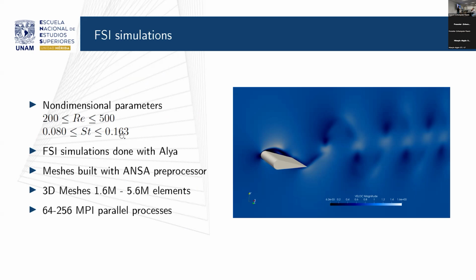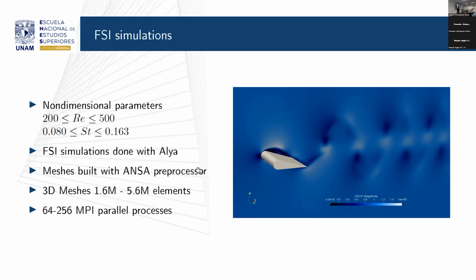And the Strouhal number, we have covered this parameter space, and we are still running a lot. So we have to cover this with more detail, but that's an ongoing work. So we have the FSI simulation used in ALIA that we have used for many studies before.